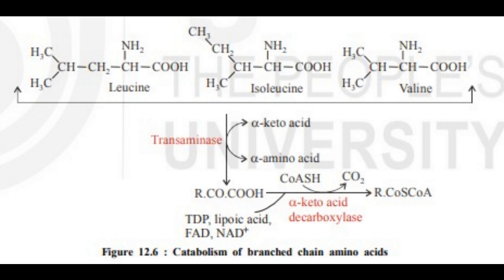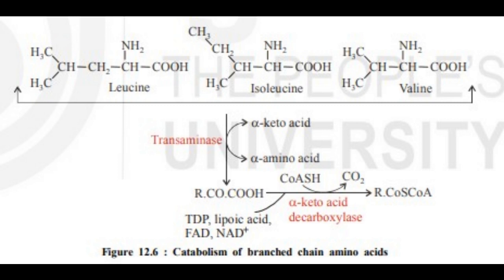You will recollect that all such reactions require 5 cofactors: thiamine diphosphate, TDP, lipoic acid, coenzyme A, FAD and NAD+. The end product is the corresponding branched-chain coenzyme A derivative.